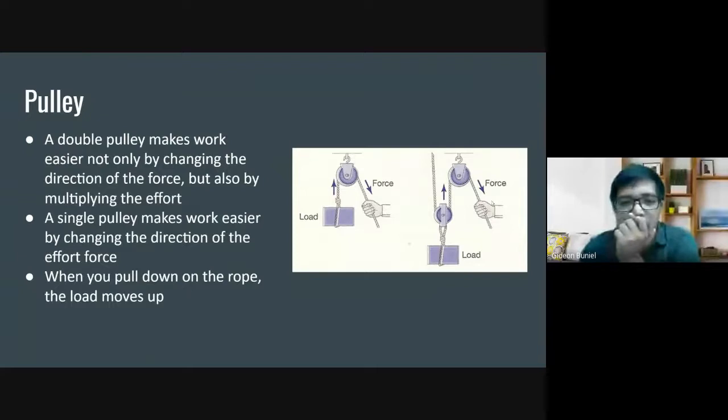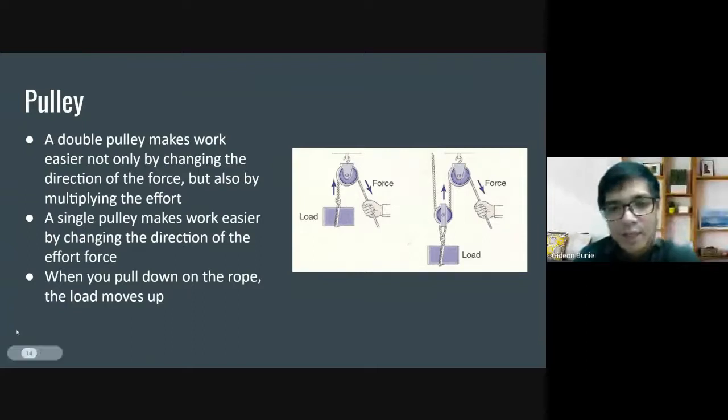But if you have a double pulley, you apply force here, the force will go up and the load is here. As you can see, there are two wheels and the rope is connected to the two wheels. As explained here, a double pulley makes work easier.